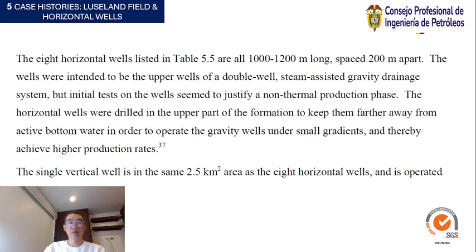The horizontal wells were drilled in the upper part of the formation to keep them farther away from active bottom water, in order to operate the gravity wells under small gradients and thereby achieve higher production rates. The single vertical well is in the same 2.5 kilometer area as the 8 horizontal wells and is operated.